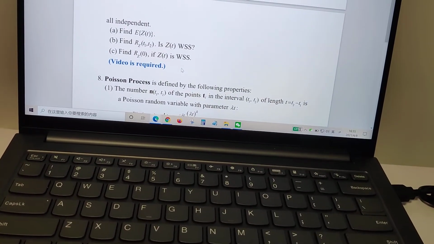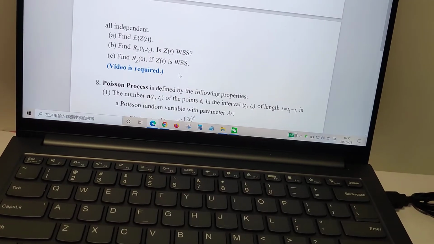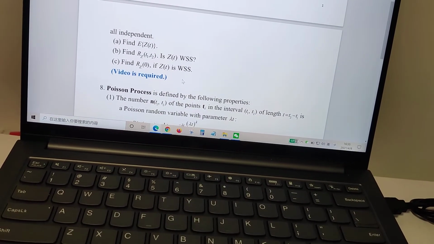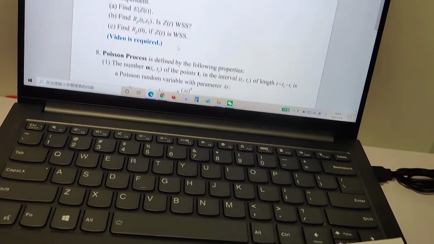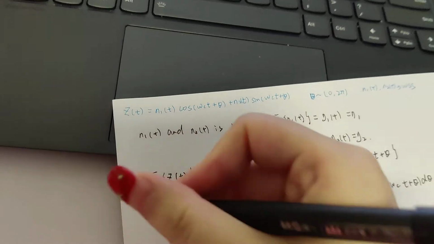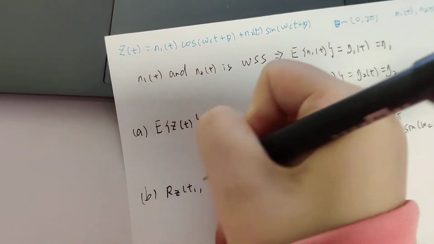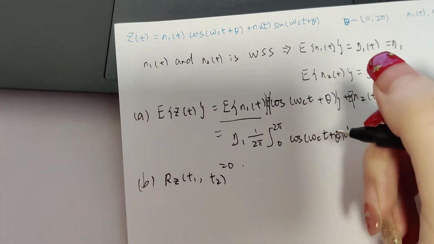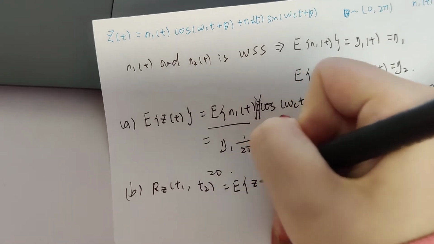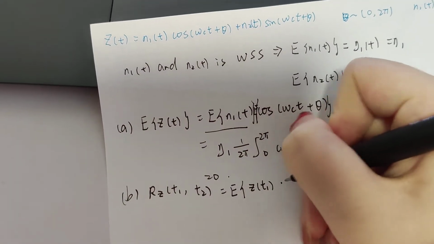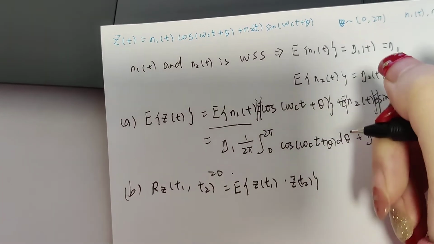Question B. Find R_Z(t1, t2) and determine whether Z(t) is WSS. We want to find R_Z(t1, t2), which equals the expectation of Z(t1) multiplied by Z(t2).